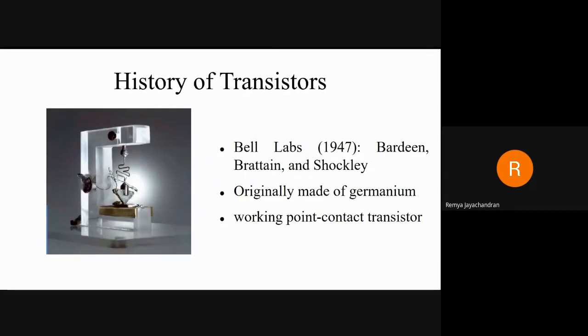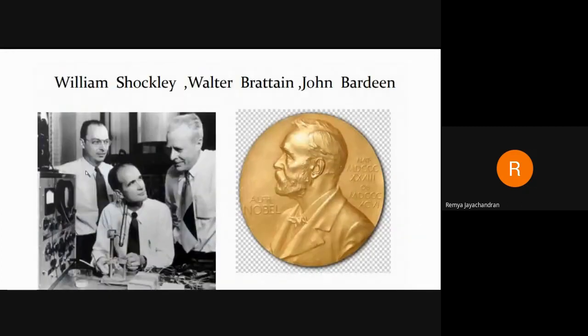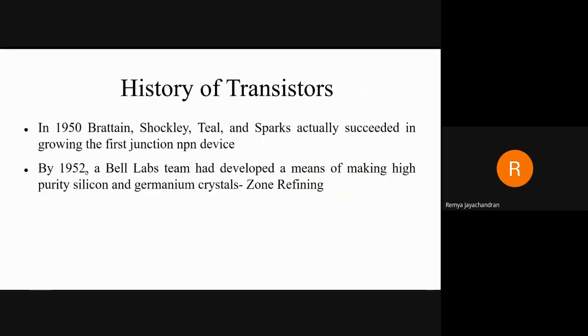And in 1947, Bardeen, Brattain, and Shockley invented the transistor, which is the point contact transistor and is made of germanium. And they got the Nobel Prize for that. In 1950, Brattain, Shockley, Teal, and Sparks succeeded in growing the first junction NPN device.